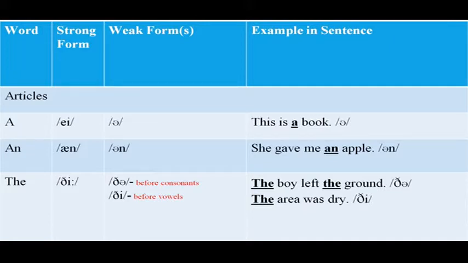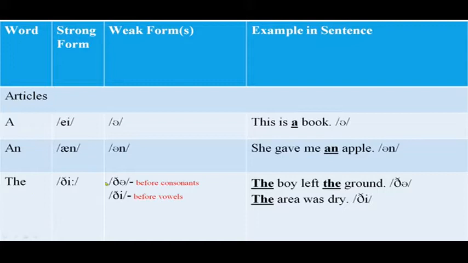To begin with the articles, we have article a, which is pronounced as uh in its weak form. So the sentence, "This is a book," is actually pronounced as "this is uh book." An in its weak form is pronounced as un.